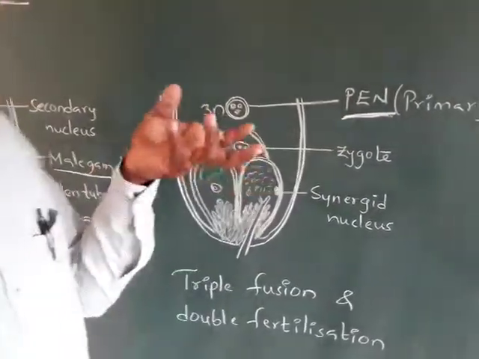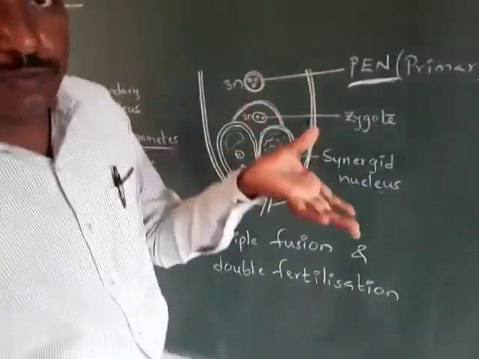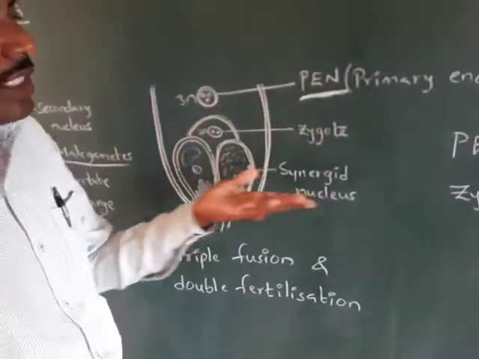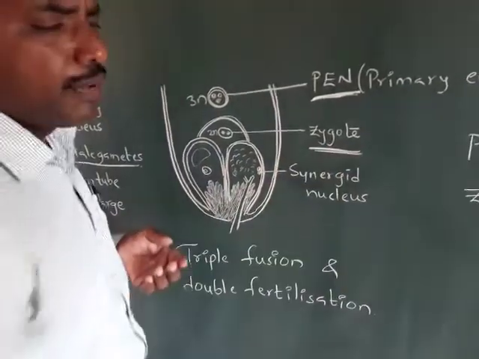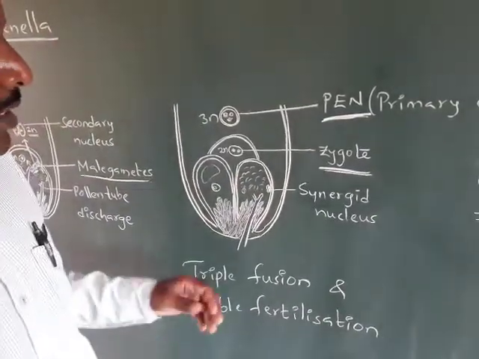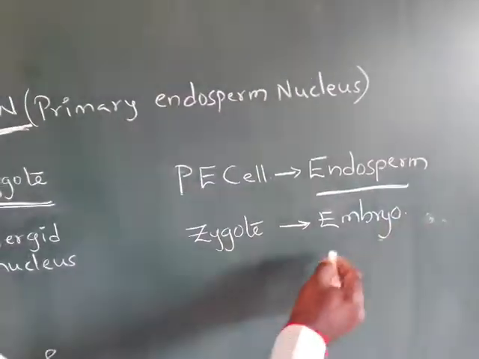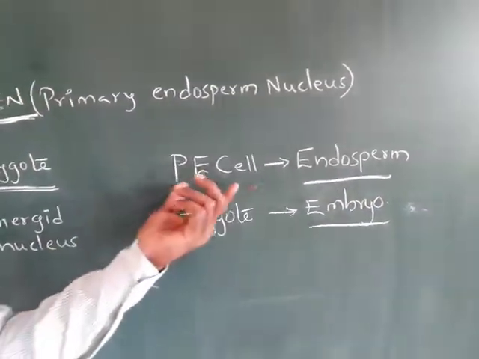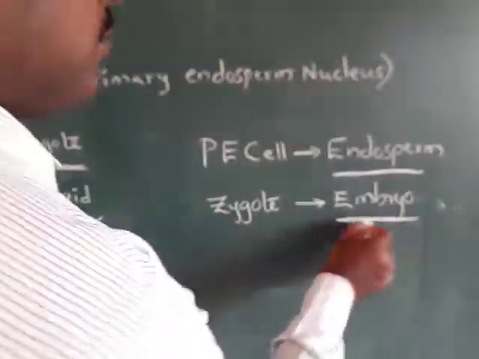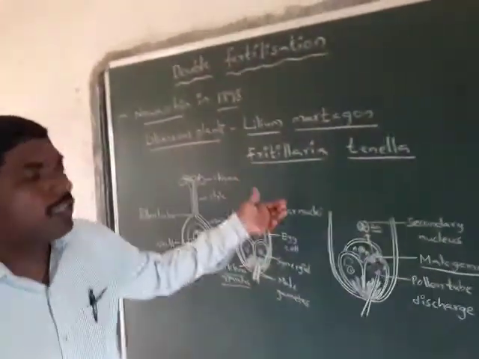The primary endosperm nucleus forms cell walls and produces the endosperm, and the zygote forms the embryo. This is the double fertilization of the angiospermic plants.